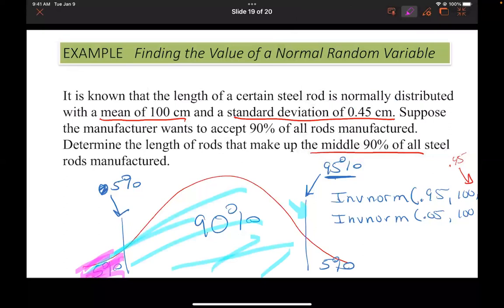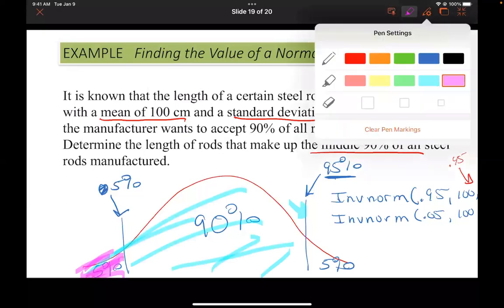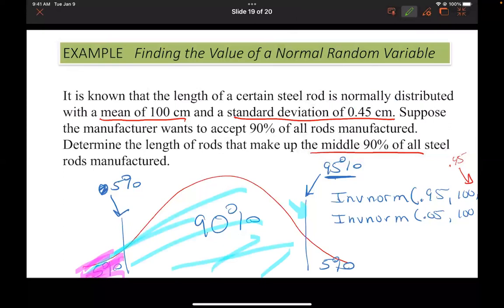So for this top value here, I got 100.74. For the bottom value, I got 99.26 approximately.